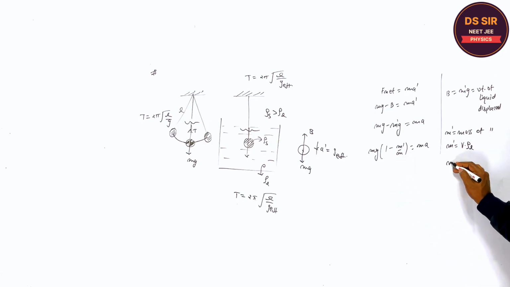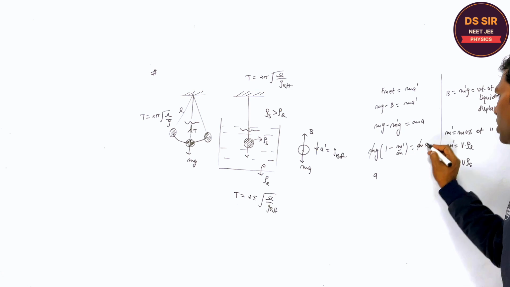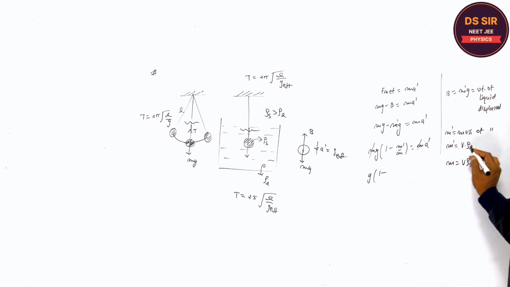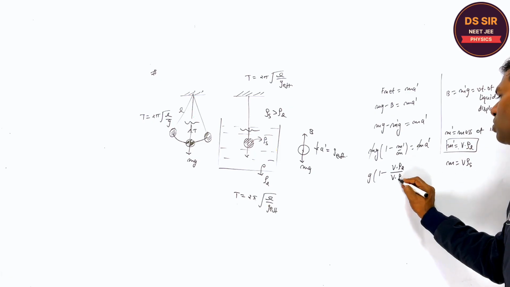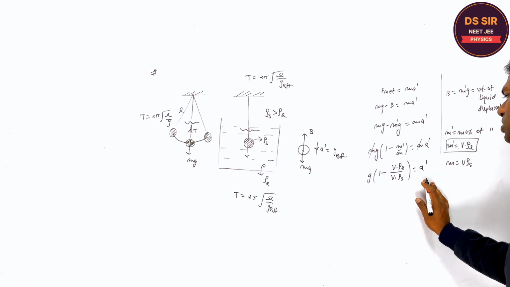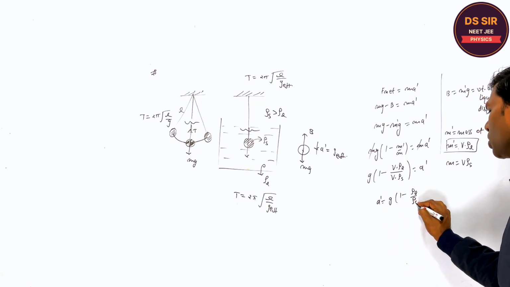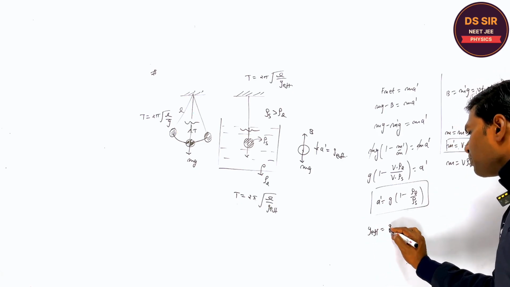What is m? m is the mass of solid. What is that? Volume into density. Whose density? Solid density. So this volume will cancel out. The acceleration will be g (1 minus, in place of m dash, the mass of liquid displaced, volume into density of liquid, upon volume into density of solid) is equal to a dash. So the a dash is g (1 minus rho liquid upon rho solid). This is nothing but the g effective.